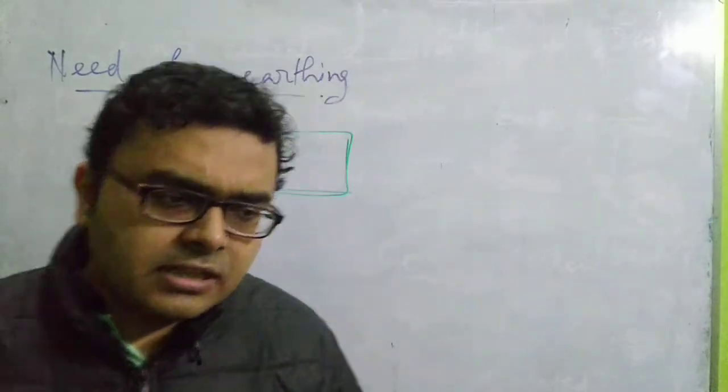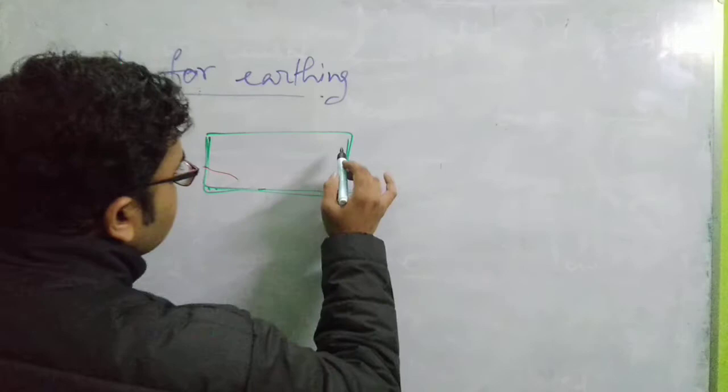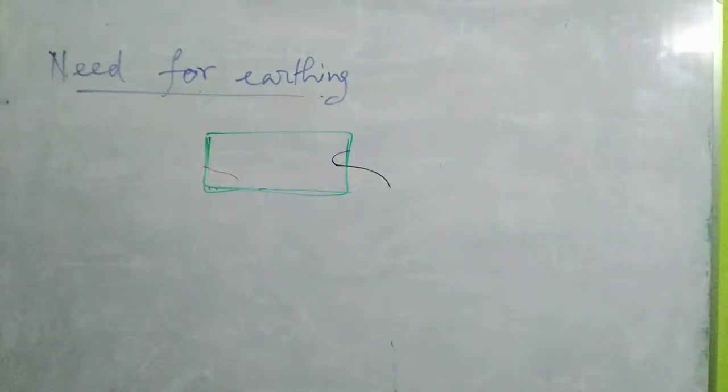What does the earthwire do? The earthwire is directly connected to the metal casing of the appliance, and it is then taken out.